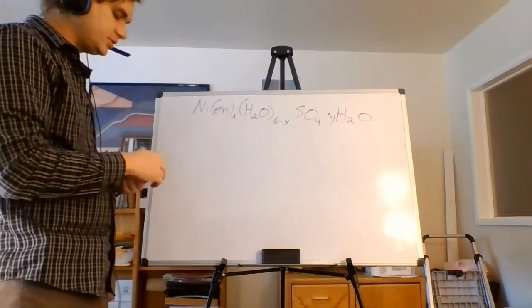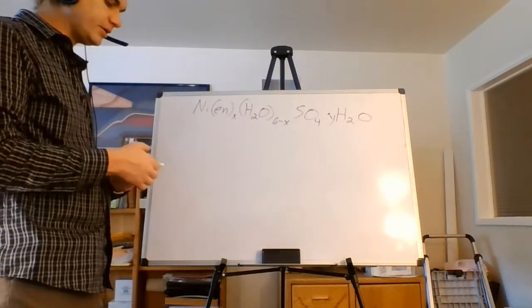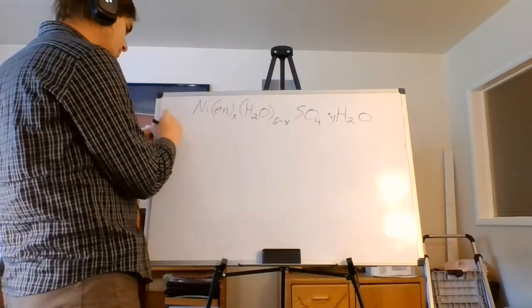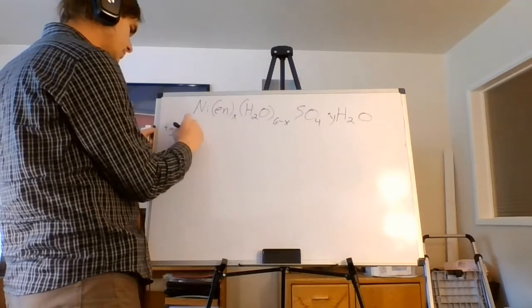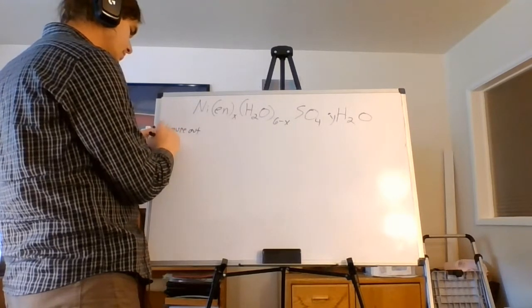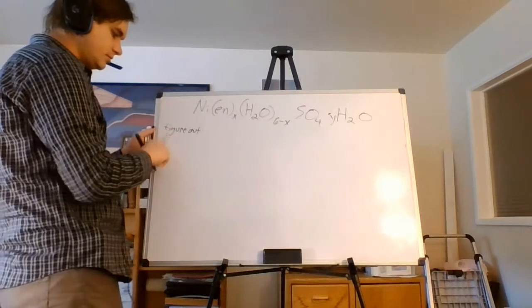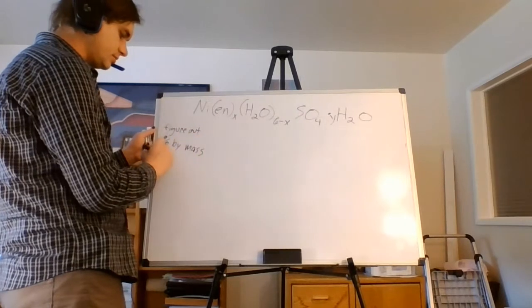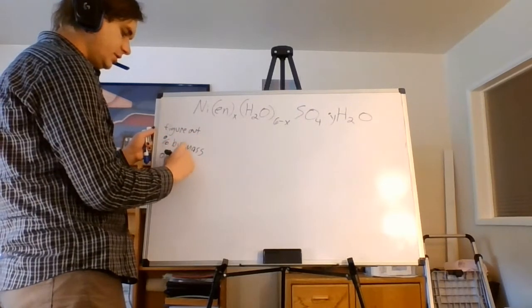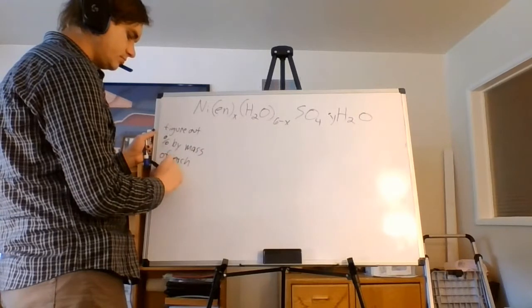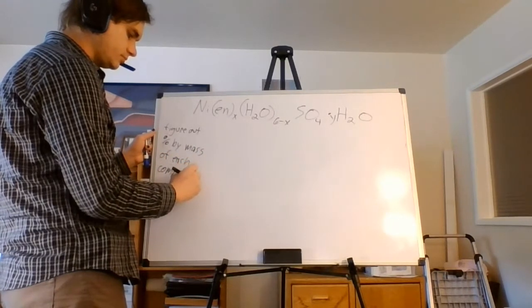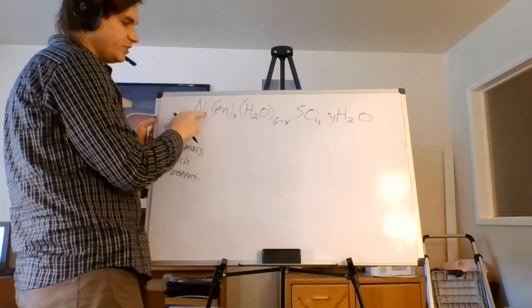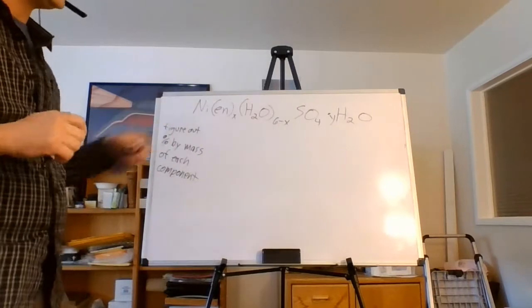And the way we're going to go about it is we're going to figure out the percent by mass of each component. So for the nickel, we know that there's only one in every complex.